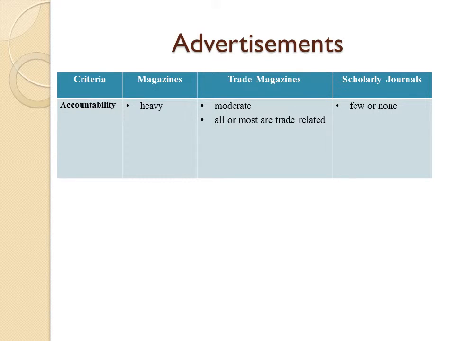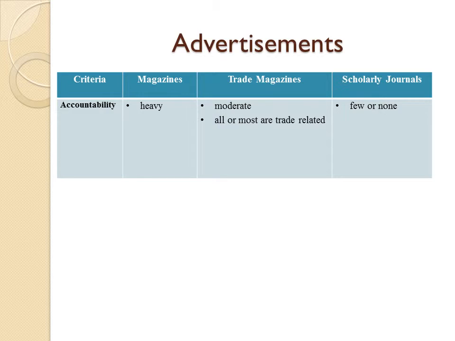You also should look and see what kind of advertisements the publication has. Are there lots and lots of ads for a variety of products? Think about Time magazine, or one of my personal favorites, Architectural Digest, which probably half of that magazine is pictures.